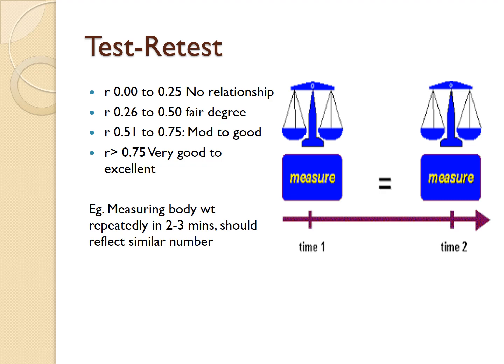So let's say I did the range of motion examination for a patient, and after, let's say, a few minutes, I do another measurement. Or another example: measuring body weight repeatedly within 2 to 3 minutes. The answer is it should reflect a similar number.